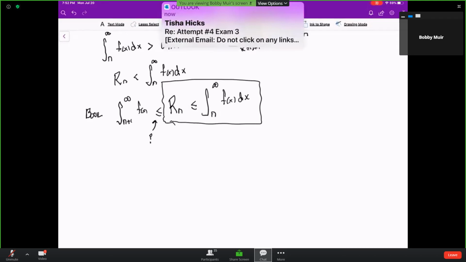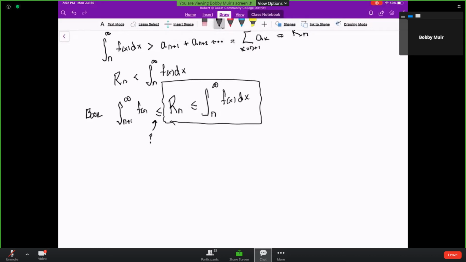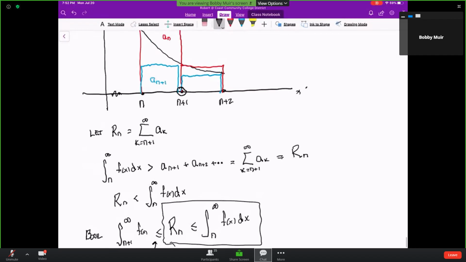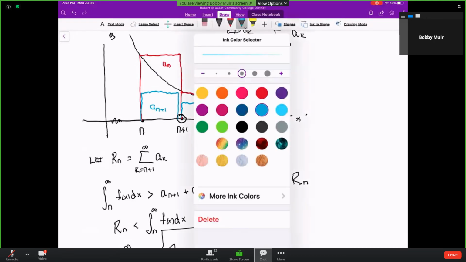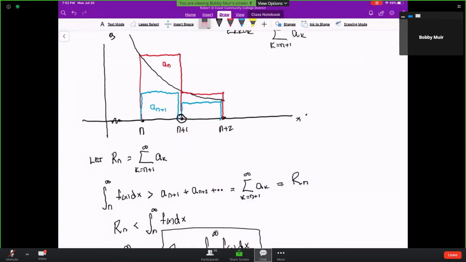He says, similarly in figure 4, we see that R_n is a_{n+1}. Oh, I see what he's doing. Okay, now I got it. Let me get another color. How about green? Now what he's doing is starting here.